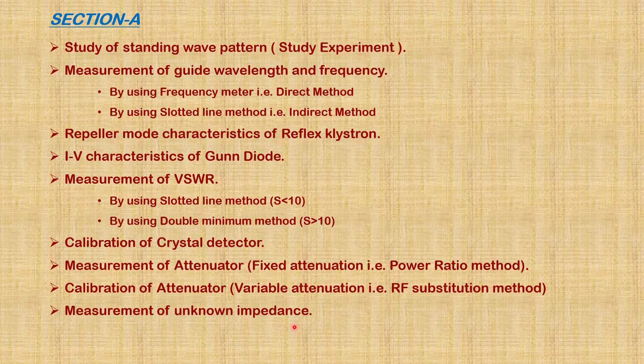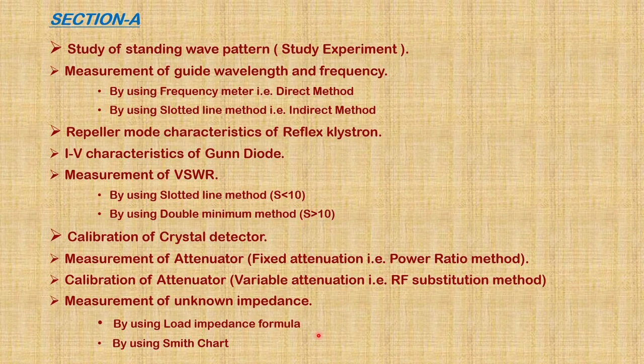Any component available in our lab is connected to the load end of the test bench, and finding the impedance of that component is known as unknown impedance measurement. To find impedance, we have two possible ways. One is by using the load impedance formula and the second one is by using Smith chart.